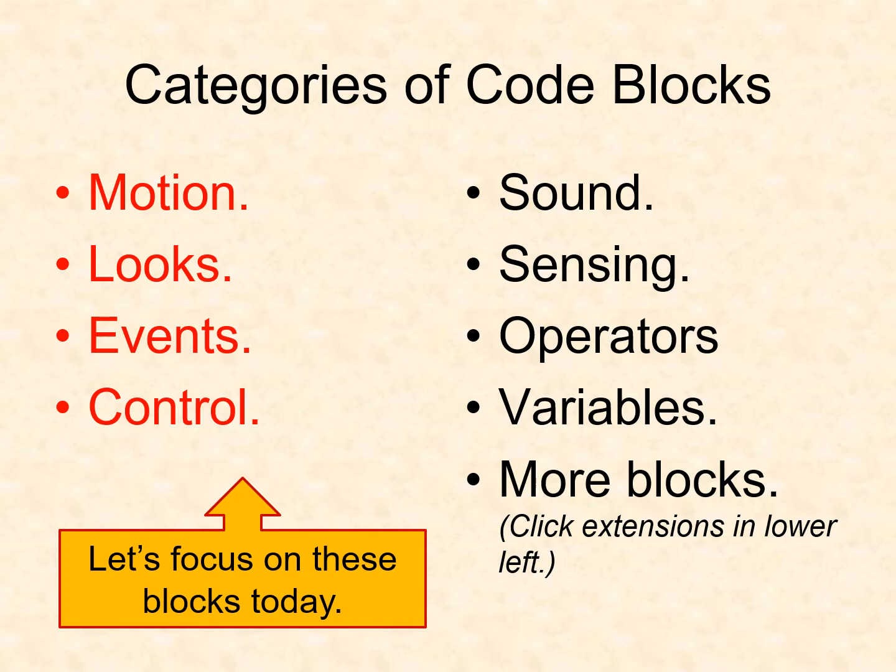But when you look at the other code blocks, and we will enter into some of those as well in future classes, you'll notice that you can deal with sound and sensing, meaning that the avatars, the sprites, will be able to sense where they're at and what's around them. Operators, variables, those are more advanced pieces, and we'll touch on them a little bit. And then there are also other extensions that are available.